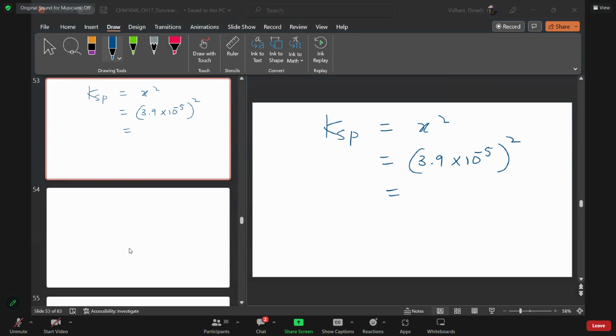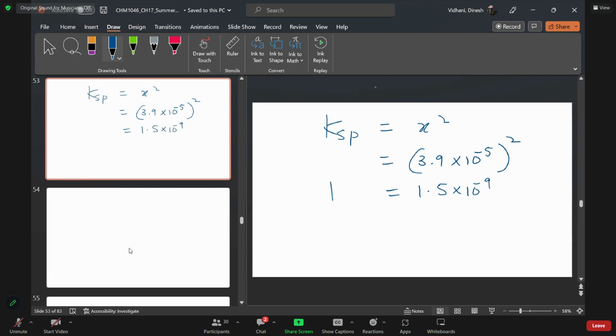Can you give me the answer here, guys? 1.5 × 10^-9. That looks correct to me. Let me see what we have on the chat. 1.5, I got that too. Got that one as well? Okay, 10 to the power -9.